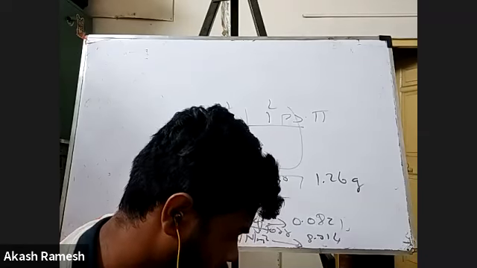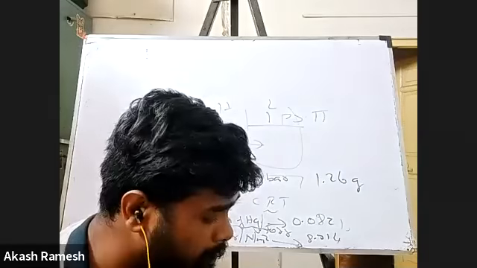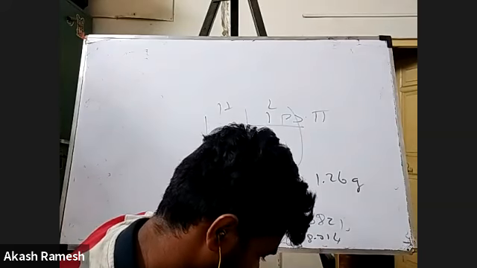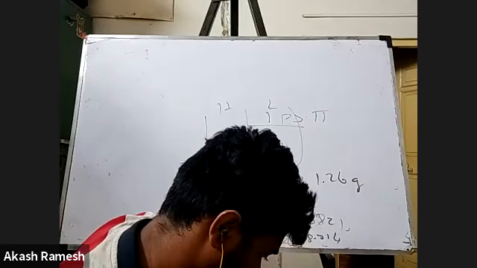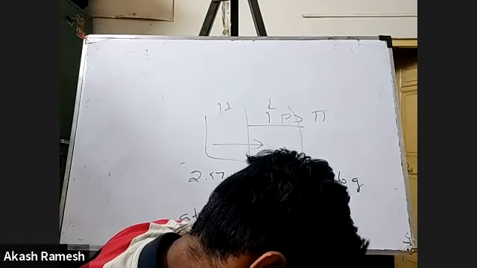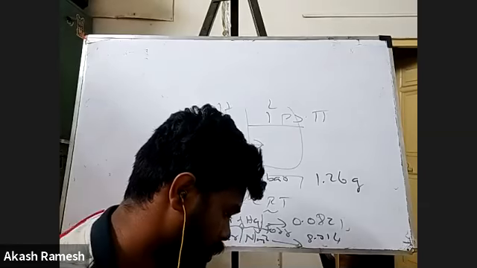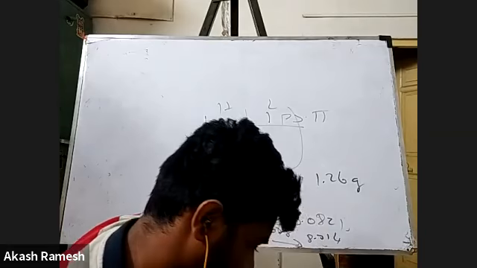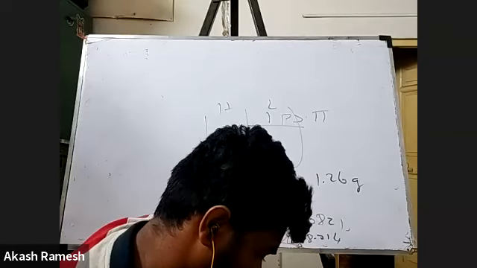I hope it's just formula substitution. I think you should be able to do it. Is the answer 61,000 gram per mole, sir? 61,000 gram per mole. Let me check once again. Where is the question? It's question number 7.